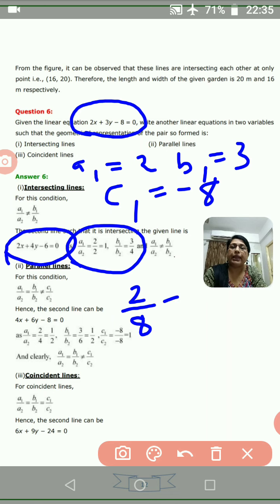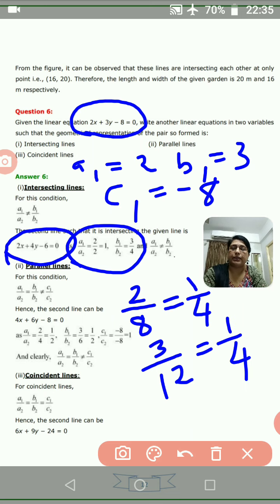Then 2 by 8 is equal to 1 upon 4. That is a1 upon a2. Now we need the same b1 upon b2, so 3 divided by, I need 3 fours are 12. Why? Because I need 1 upon 4 only for this. So b2 I am taking 12.